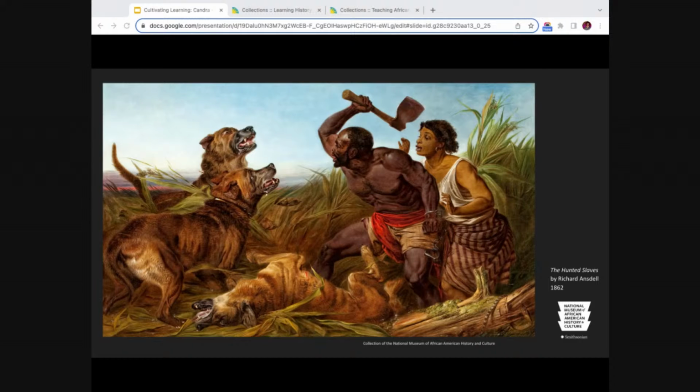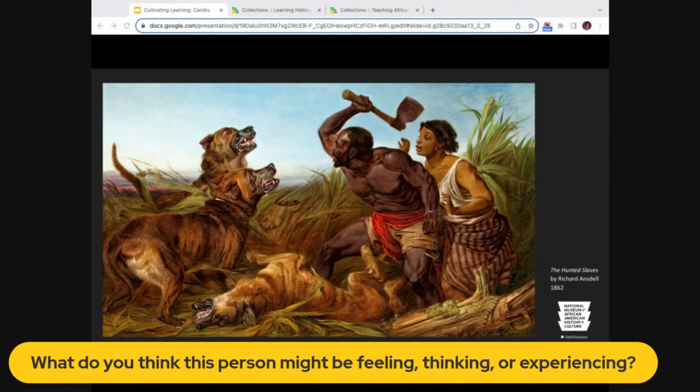So we're going to continue on with this particular artwork, and we're going to bring in another modified Project Zero thinking routine to help us continue to probe this particular source and develop some empathy. We're going to use the thinking routine called Step In, Step Out, Step Back. And you'll be getting a link to be able to read the full routine as well.